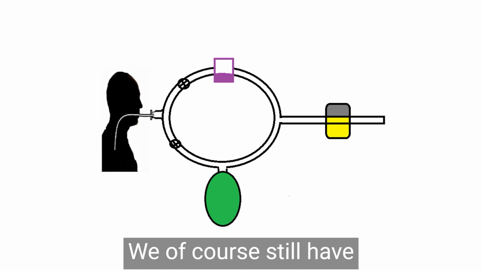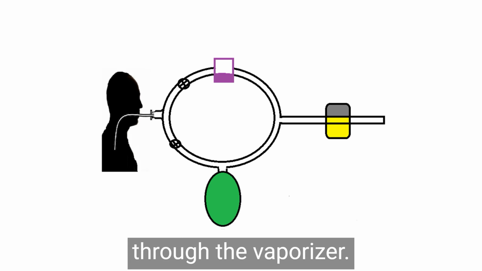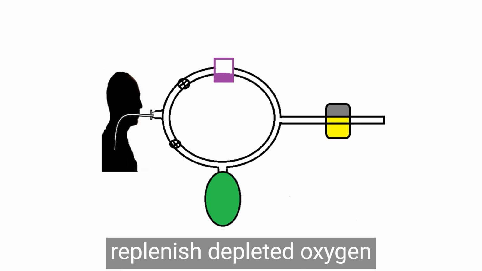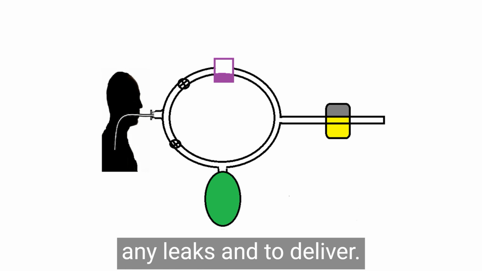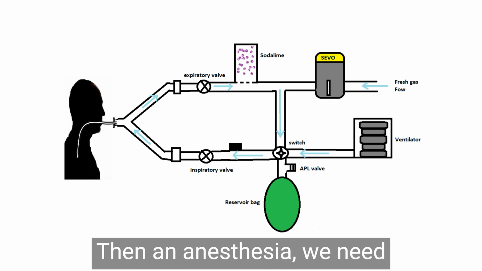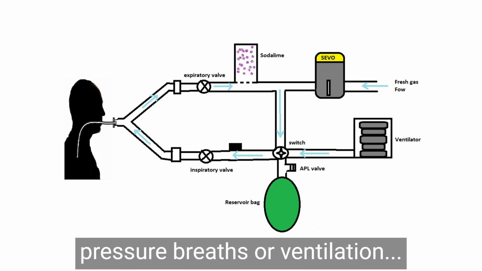We, of course, still have our fresh gas flow going through the vaporizer into the circle system to replenish depleted oxygen levels, to compensate for any leaks, and to deliver volatile anesthetic into the circle system. Then in anesthesia, we need a way of delivering positive pressure breaths or ventilation.